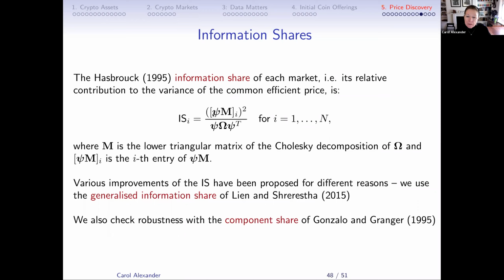And the troubles with this are many, particularly the non-uniqueness of the Cholesky decomposition for a large matrix, which is pretty well known. So instead of the Cholesky decomposition, we prefer to use the spectral decomposition, because that's more unique.